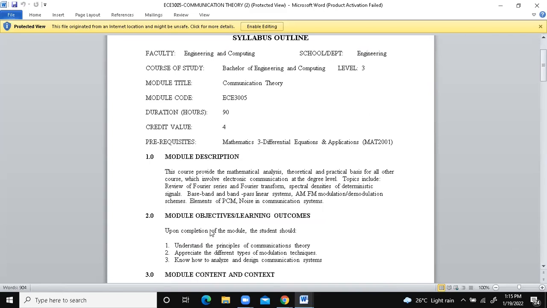So the module objectives: to understand the principles of communication theory, appreciate the different types of modulation techniques, and learn how to analyze and design a communication system.